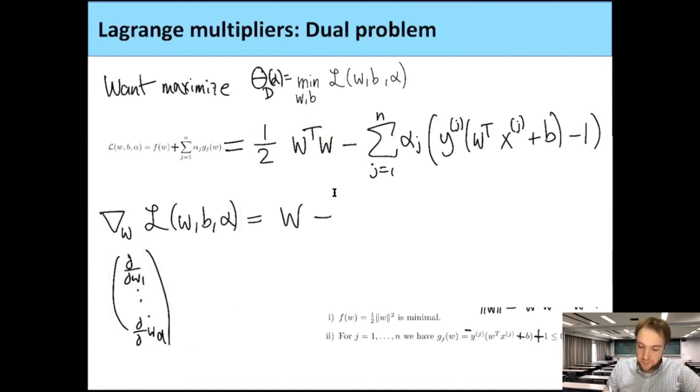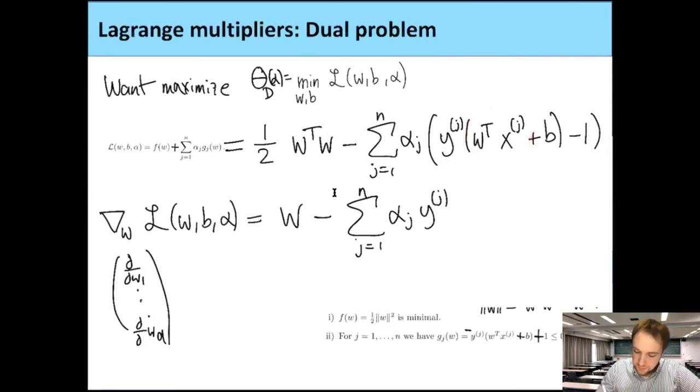And here, we need to check what we get if we take the derivative. First of all, this part here doesn't depend on w, so this just vanishes. And in each component here, we take the derivative with respect to w. So what we get is the entries of the vector x. So here we get just the sum of alpha j, and this y j is just a number.